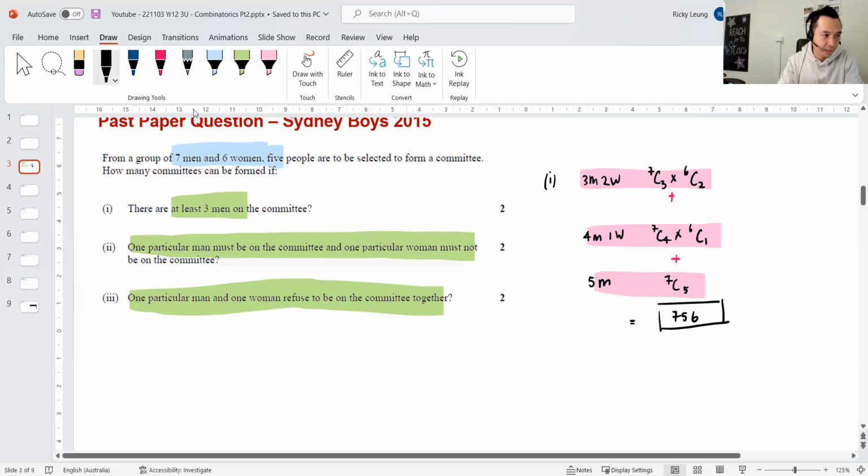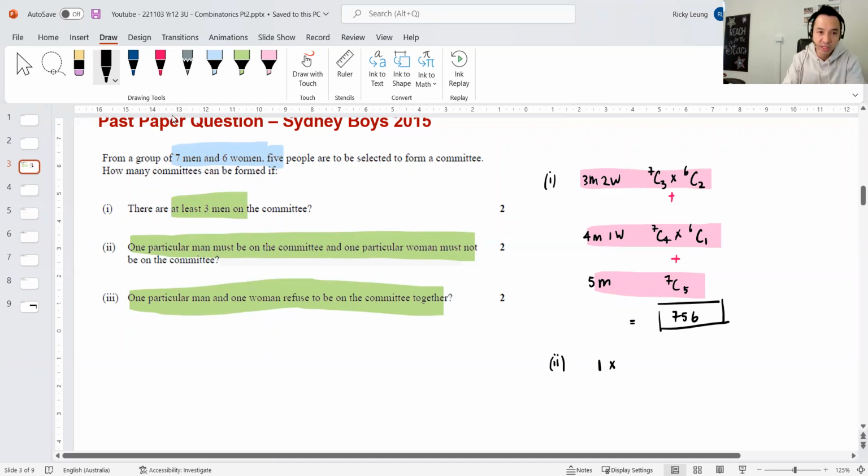1 particular man is on the committee and 1 particular woman is not on, right? So for the second one, a few restrictions apply. Now, remember, I'm selecting 5 people, right? So if I know that 1 particular man is already in, he's selected, he's in with a certainty of 1, right? And then all I really need to do for the next part is to select 4 other people from the remaining people, but I can't select that 1 woman who isn't on the committee, so I ignore her.